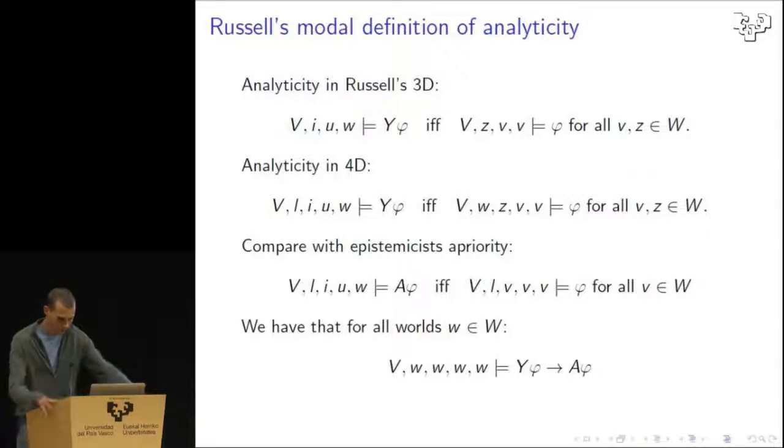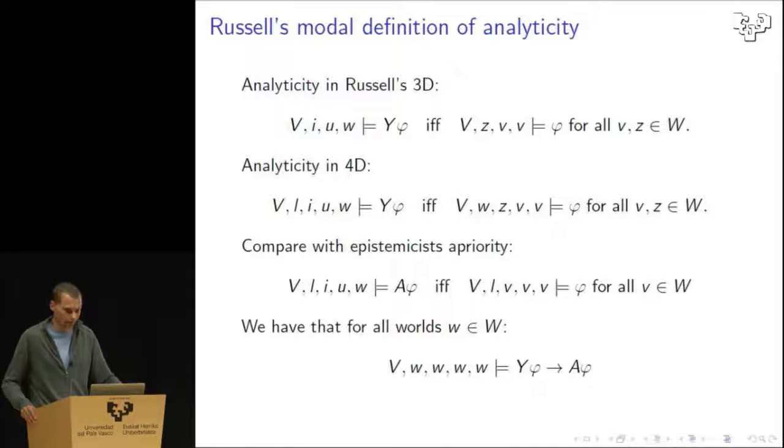And this is an interesting result because one of the arguments that Gillian Russell gives against her modal definition of analyticity is precisely that she claims that if you would use her modal notion of analyticity, then there are sentences which would turn out to be analytically true but not a priori true.